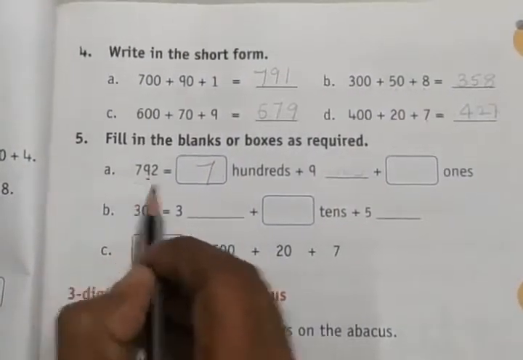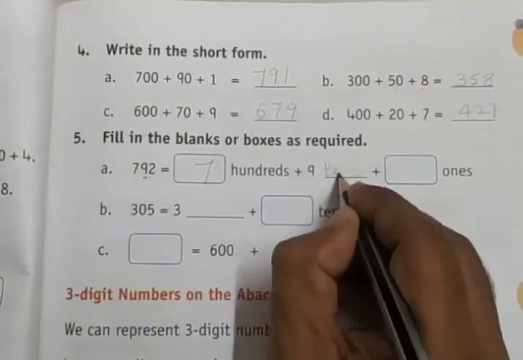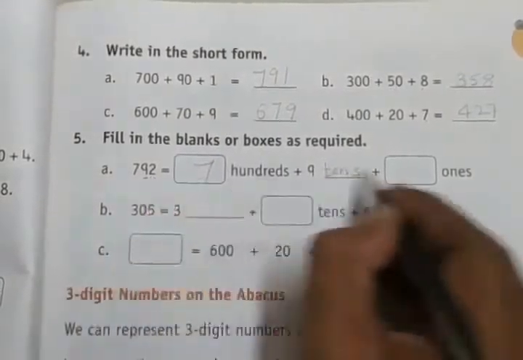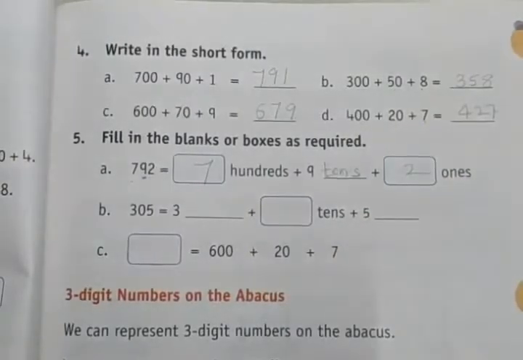So the 9 position is tens. Then 2 ones. Wherever they required, they left the blank, there you need to fill. That's it.